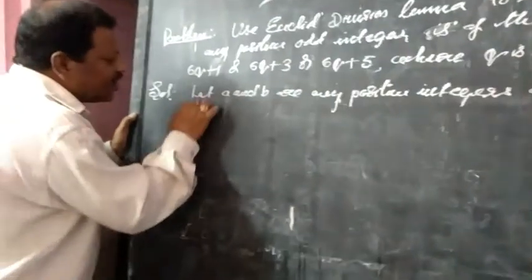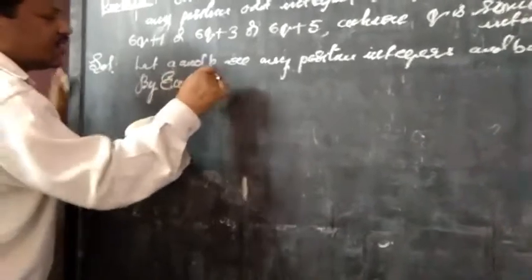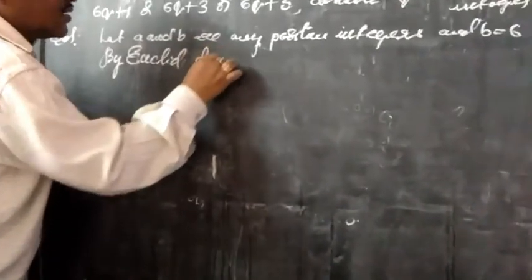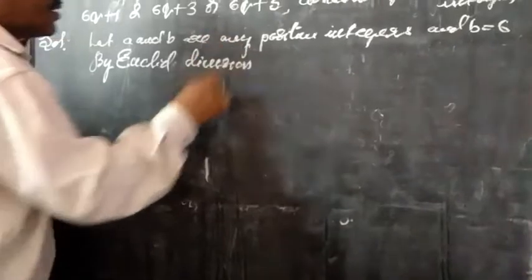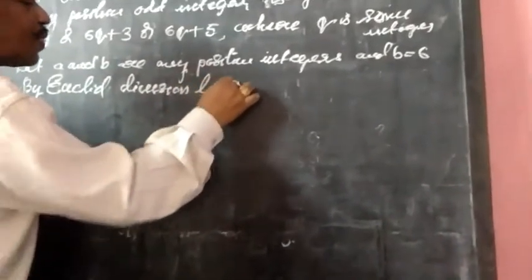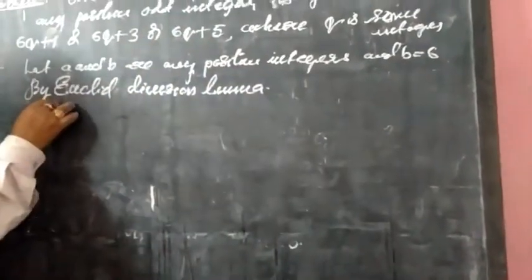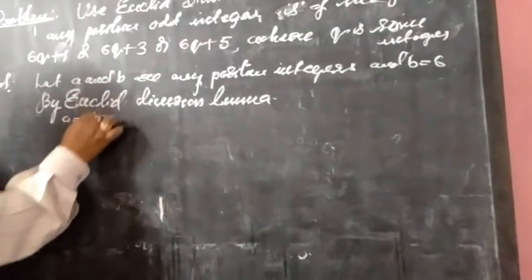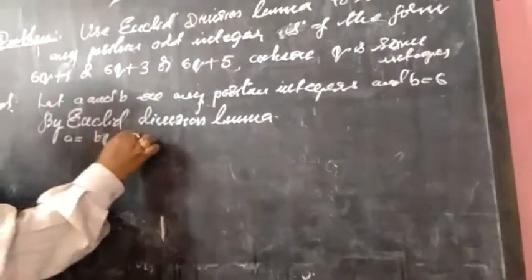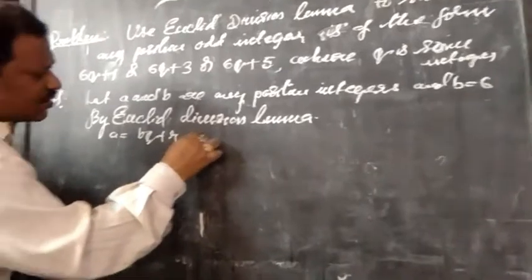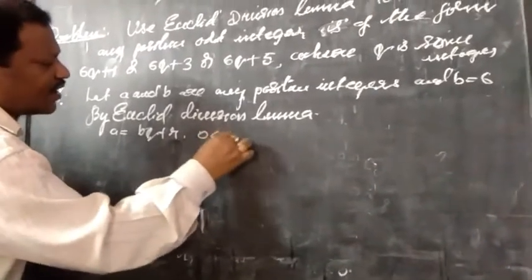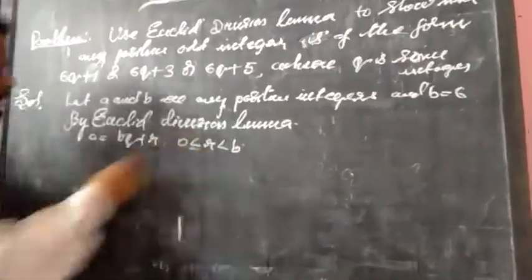By Euclid division lemma, a equals bq plus r, where 0 is less than or equal to r less than b.